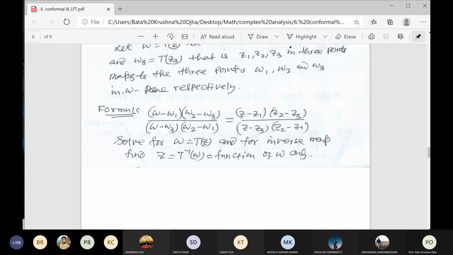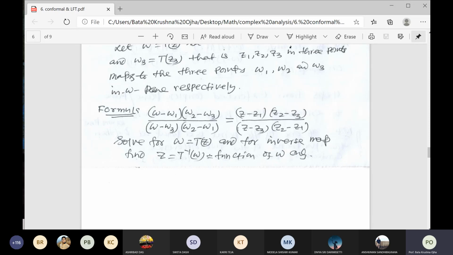Suppose W1 is infinity, and the others are finite quantities. What will you say that W1 equal to infinity means? That means the W plane must contain the point at infinity. So it is a mapping from the complex plane to the extended complex plane, because W1 is equal to infinity, and infinity is a point in the W plane.